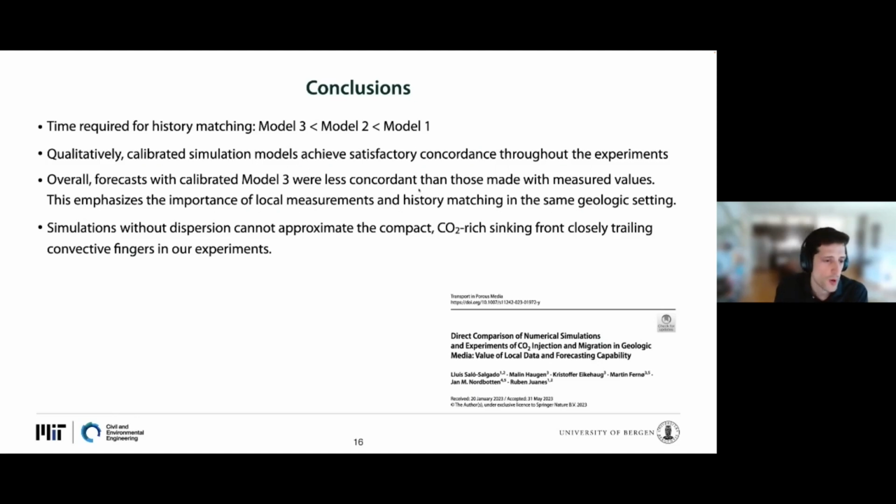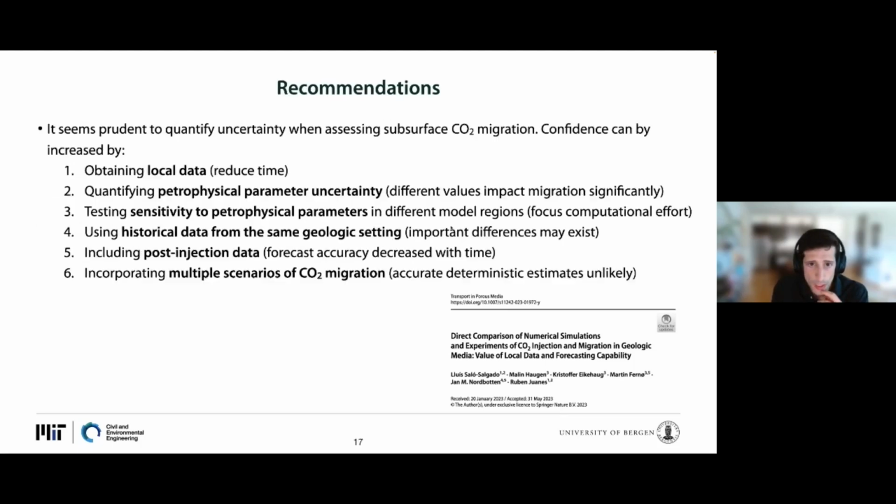That was somewhat surprising, but what it emphasizes is the importance of local measurements and history matching in the same geologic setting. And then simulations without dispersion cannot approximate, in this case, this is hydrodynamic dispersion that I'm referring to, the compact CO2-rich sinking front that is closely trailing the convective fingers in our experiments.